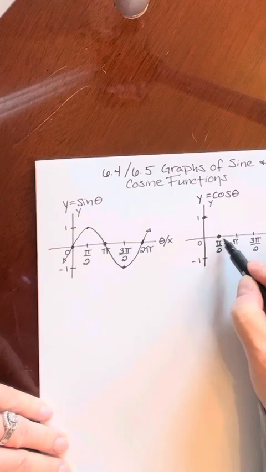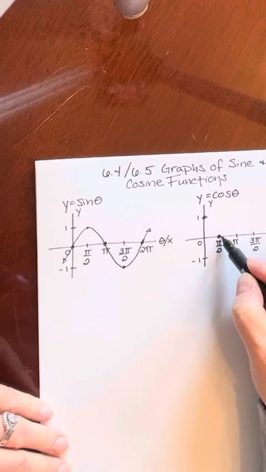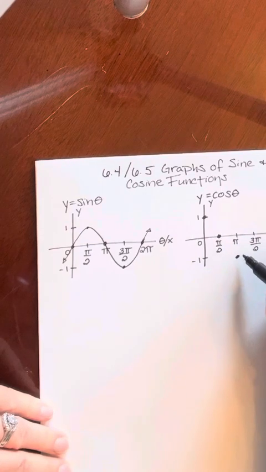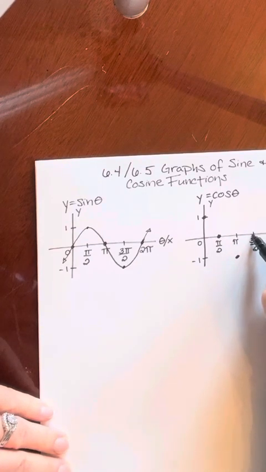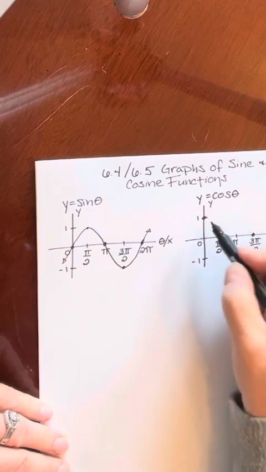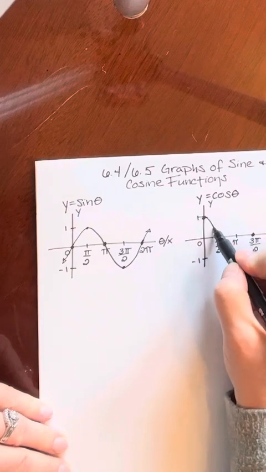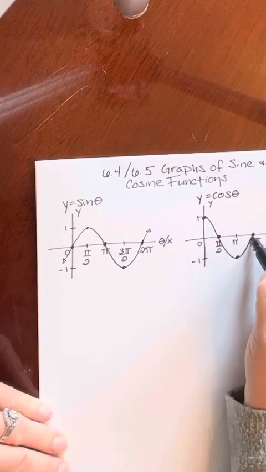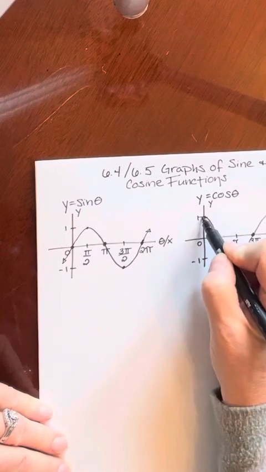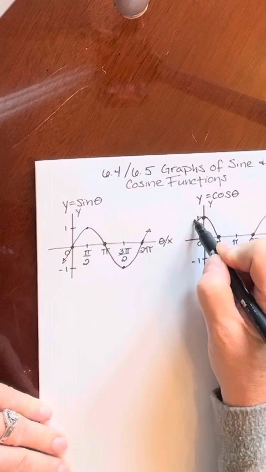In quadrant 2, so between pi over 2 and pi, cosine becomes negative and hits our minimum at pi. And then it goes back to 0 at 3 pi over 2, and then it hits the maximum again at 2 pi. So cosine looks like this. And remember, it continues on in both directions forever and ever.